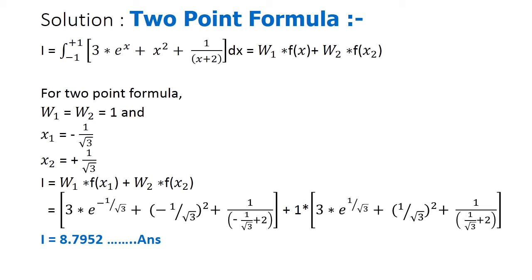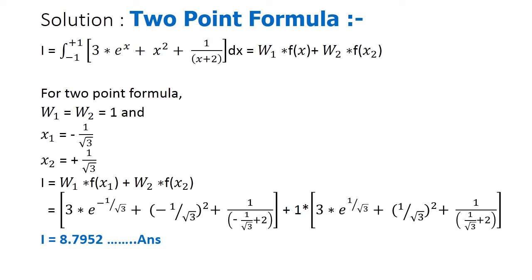Now the same integral will be expressed as integral is equal to w1 into f of x1 plus w2 into f of x2. That is, the original equation, integral of 3e^x + x² + 1/(x+2), will be expressed in terms of w1 into f of x1 plus w2 into f of x2.